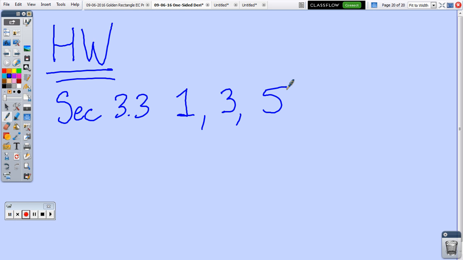Oh wait, that is not sine. It doesn't continue, it just goes like that. What's the graph? That's a cube.